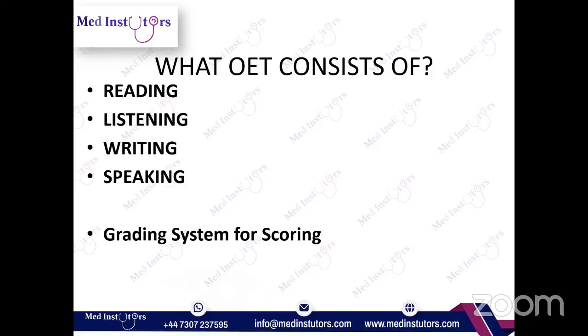The minimum requirement is scoring at least a B grade in all of the subtests. Then you will be declared a successful candidate. So the system of marking is basically a grading system. You will be graded according to your performance, and the grade in each subtest should be at least B to declare you successful.